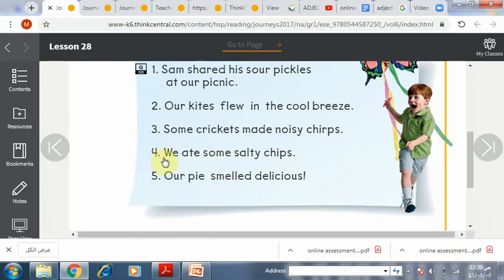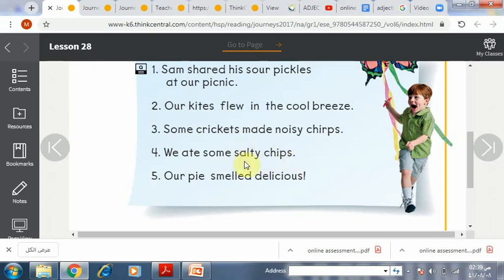Number 4. We ate some salty chips. Where is the adjective? Excellent. Salty is the adjective. What does it describe? It describes the chips. Okay, it describes how the chips look like, or how the chips feel like, or how the chips taste like. Taste. It describes the taste of the chips.